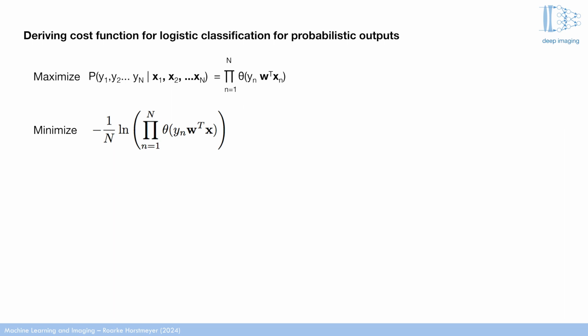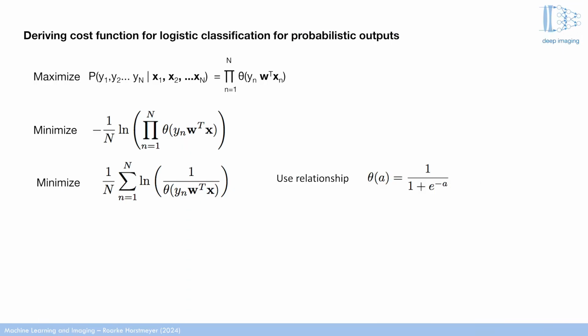Then I switched it to minimize and added a negative sign because we did that before too. When you take the log of those products of probabilities, it's equal to the sum of the logs of those probabilities. And so you're minimizing the average of the log of 1 over this logistic function, right? The 1 over comes from the negative sign being cast inwards.